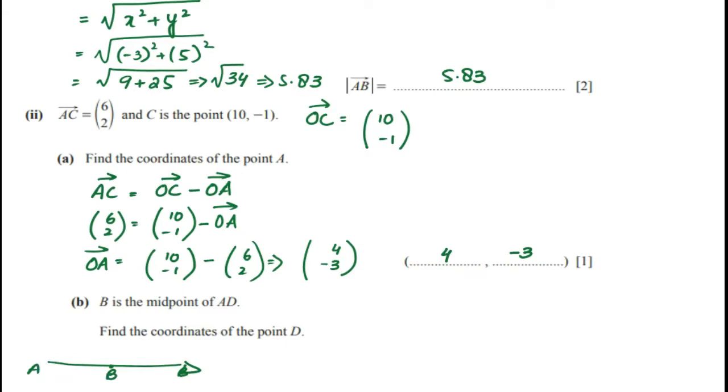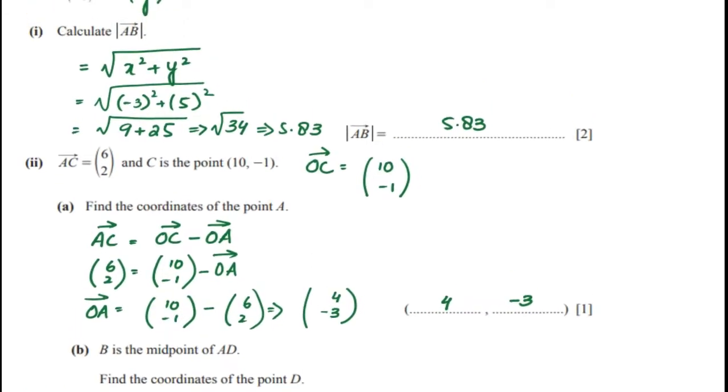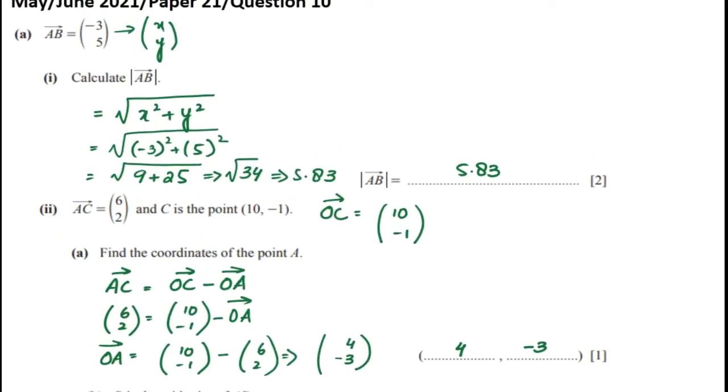So we have the coordinates of A. We do not have the coordinates of B, but we have AB and the coordinates of A. AB is equal to (-3, 5), and the coordinates of A we have got (4, -3).